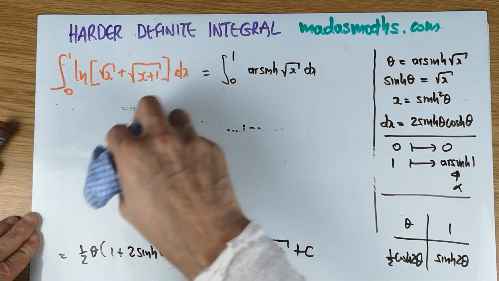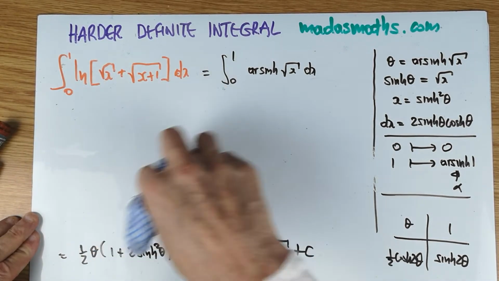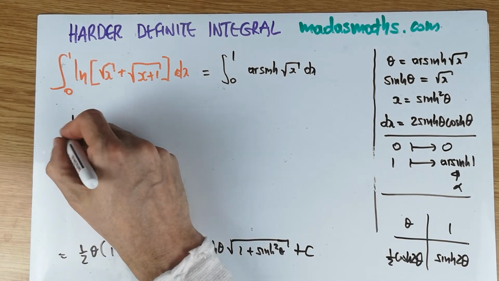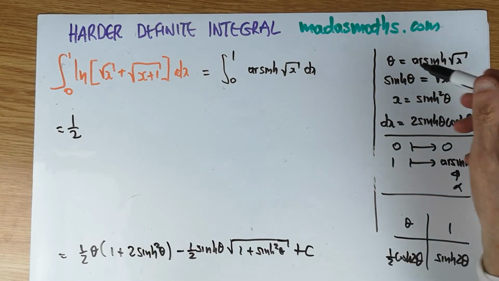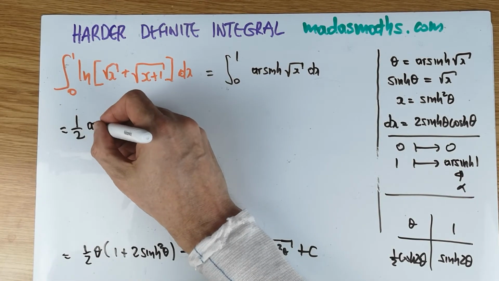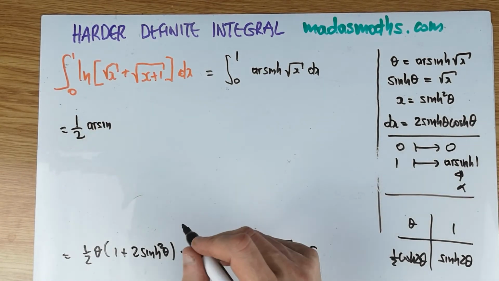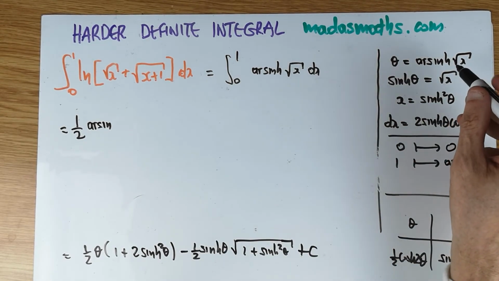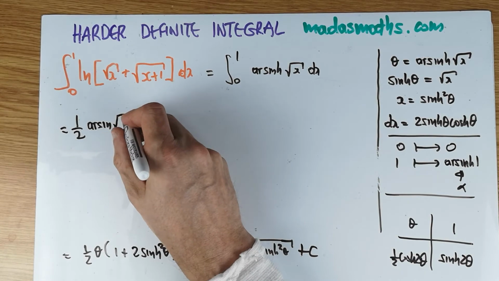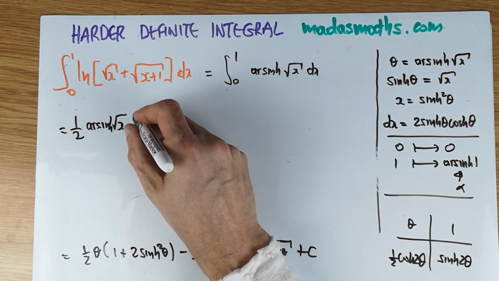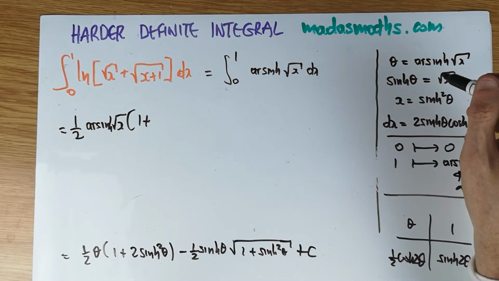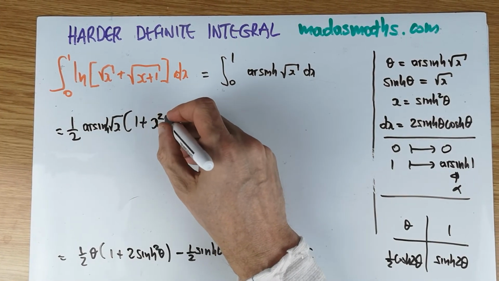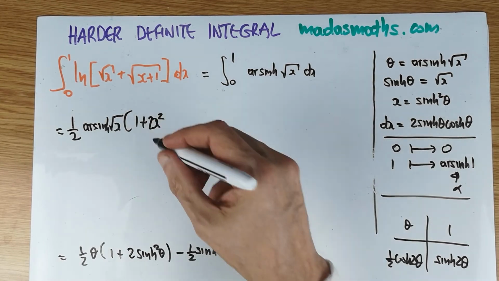So just bear with me till I clean the tablet. So what do we have so far? Half theta. Half theta is half the r sine of half times the r sine of the square root of x. 1 plus sine squared is 1 plus x squared with a 2 there.